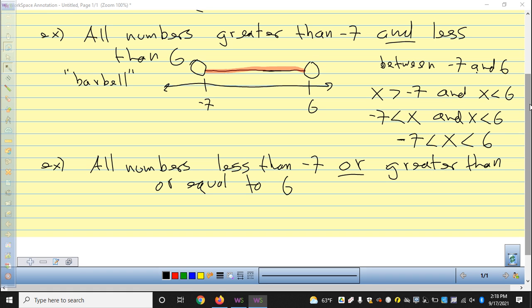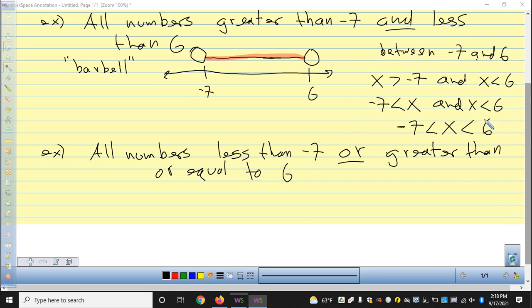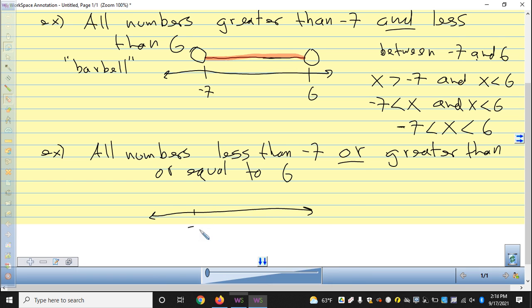For an "or" inequality, what we're saying is that either one is true. So I'm going to draw a picture here. x is less than -7. So again, I have an open dot on -7.